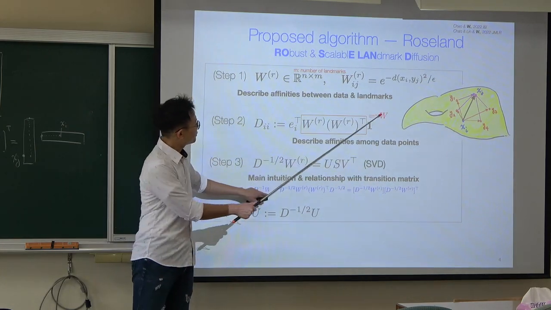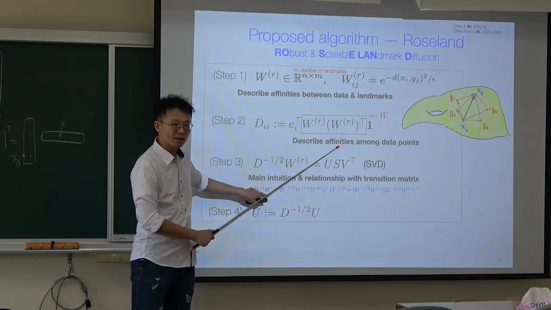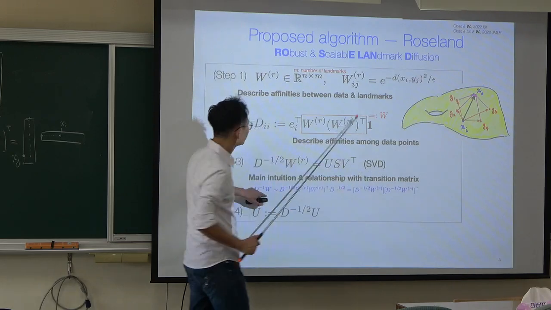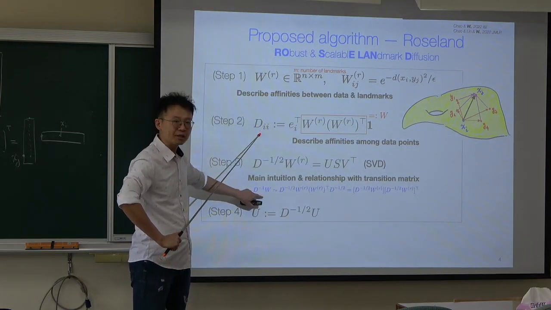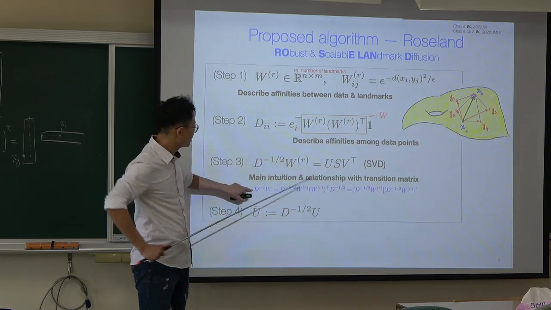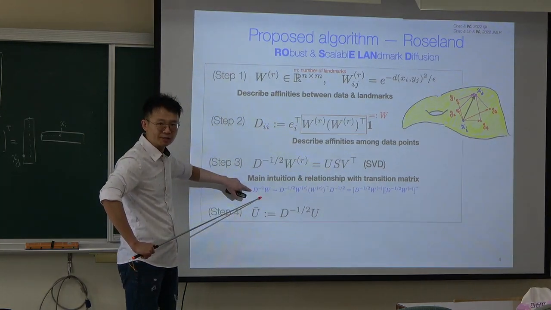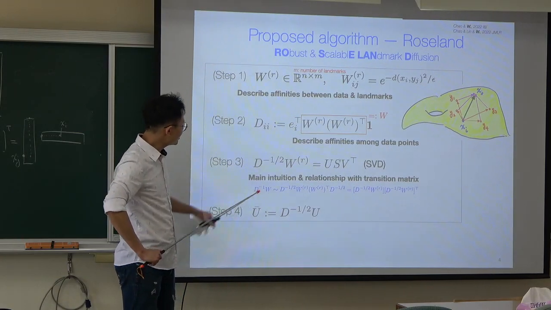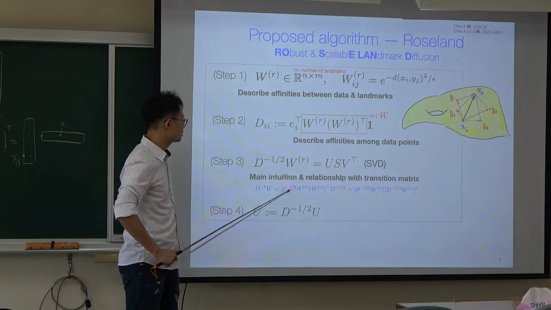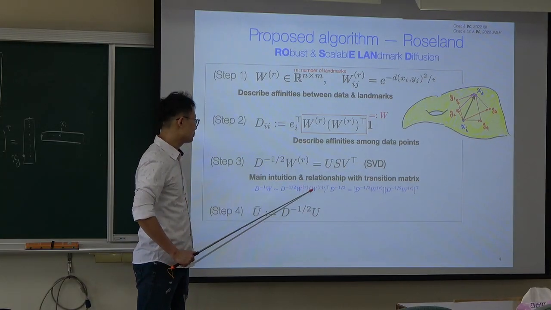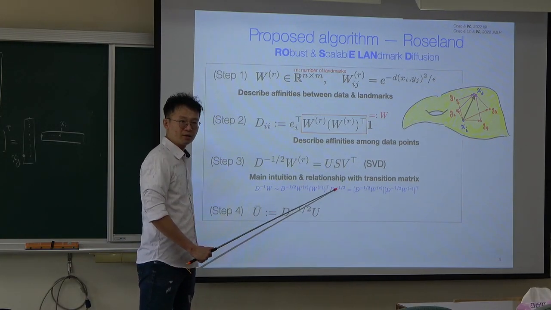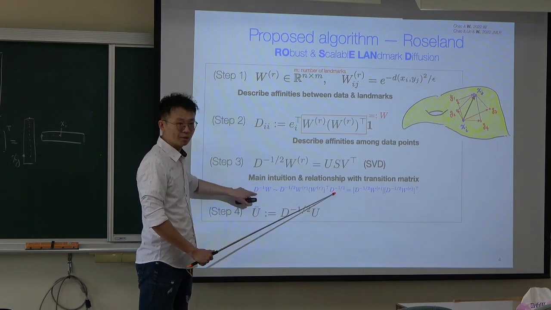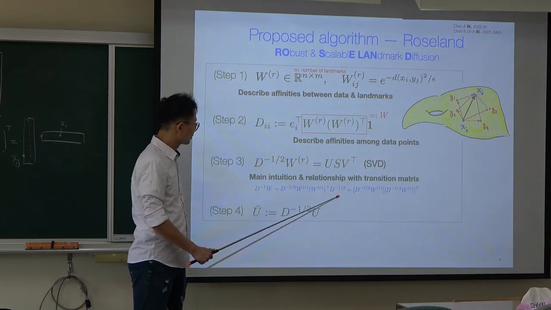And right now we have this W as the affinity matrix of the original data set of x1 up to xn, and we have constructed degree matrix D using this affinity. So D inverse W is actually what we want from the diffusion map algorithm. And we can see that this D inverse W matrix is similar to D minus half WR WR transpose D minus half, assuming that D is non-singular, which is usually the case.